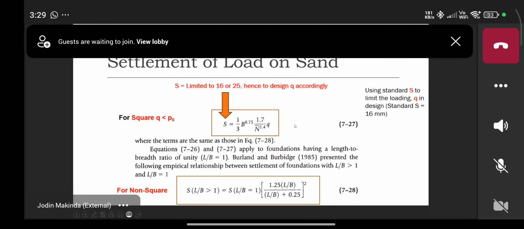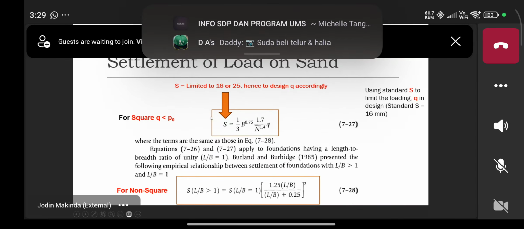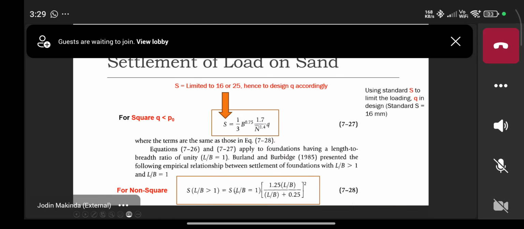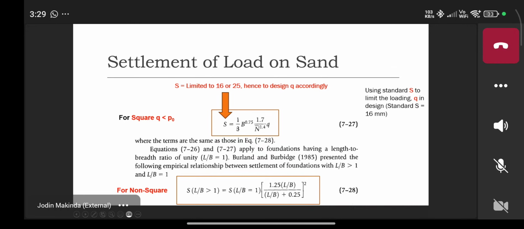In this case, equations 7.27 and 7.28: one is for the square, one is for the non-square, L and B. We use them to limit the loading design by fixing the settlement as either 16 millimeter or 20 millimeter.